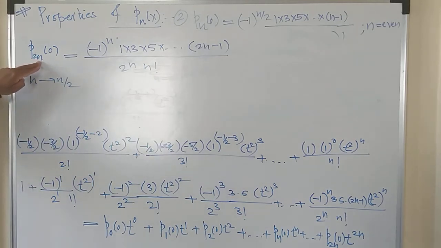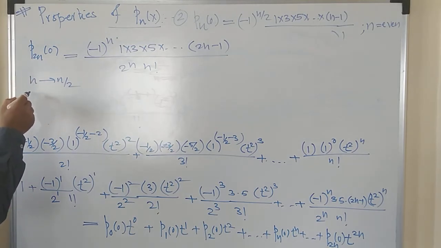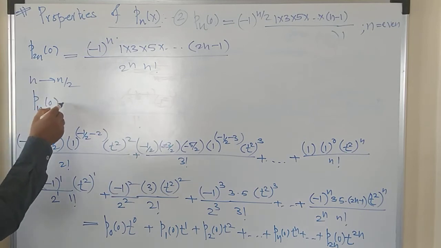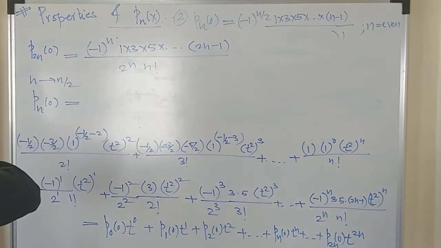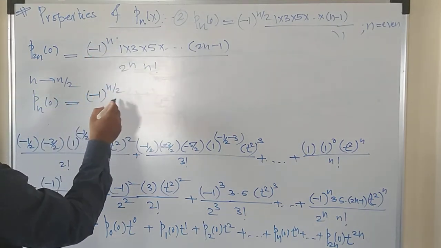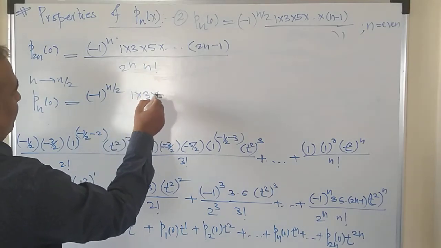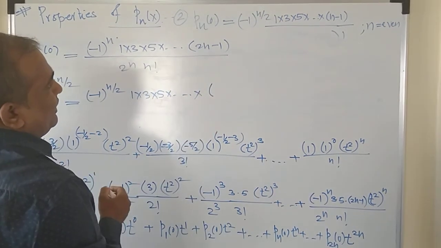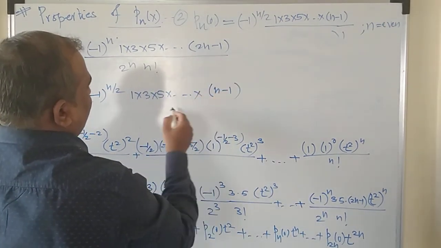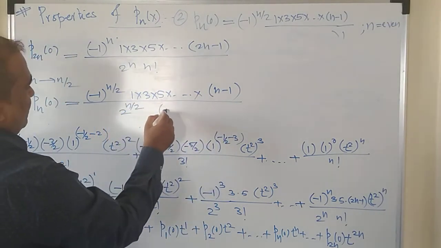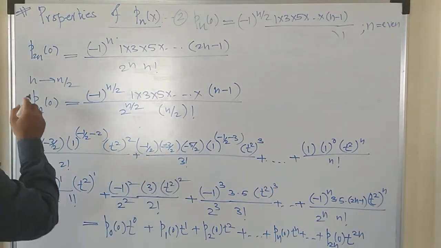If you replace n by n by 2, 2 gets cancelled and you will be left with Pn, and therefore you will get Pn of 0 is equal to, replacing all n by n by 2, minus 1 raised to power n by 2, 1 into 3 into 5 into, and if you replace n by n by 2, you will be left with n minus 1 here, divided by 2 raised to power n by 2 and n by 2 factorial.